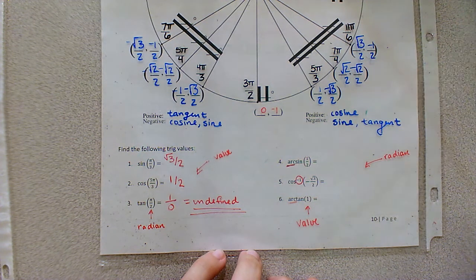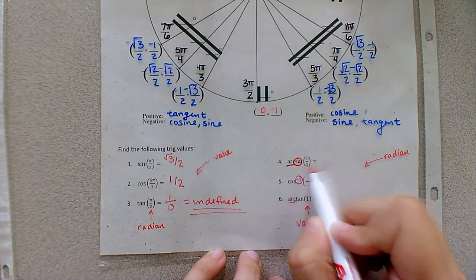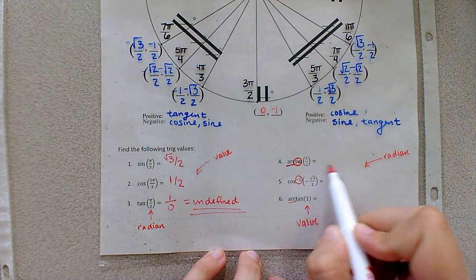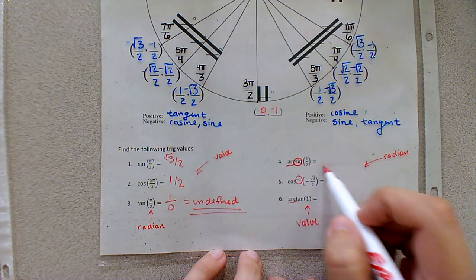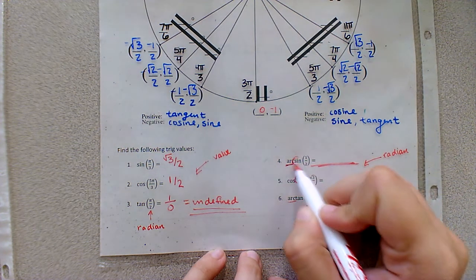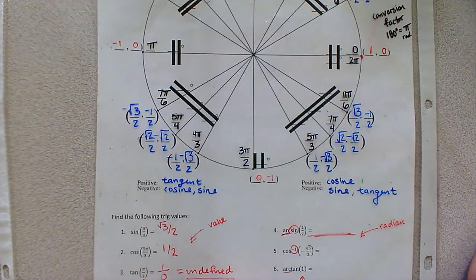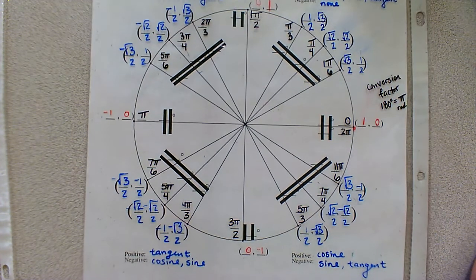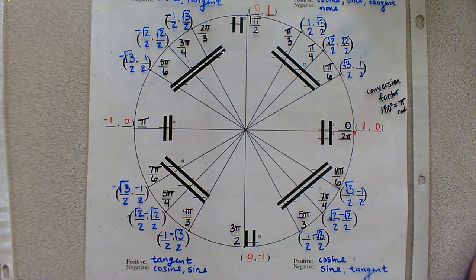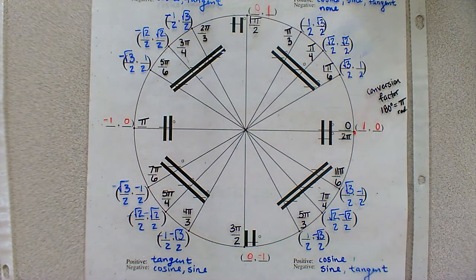So let's take a look at our first one. We want a sine value of 1/2, and we're going to go ahead and write where that happens on the unit circle. At what radian locations does that happen? So sine is representing a y-coordinate. If we go ahead and take a look at our unit circle, we have a y-coordinate of 1/2 at pi over 6.